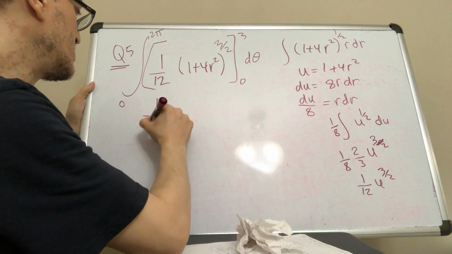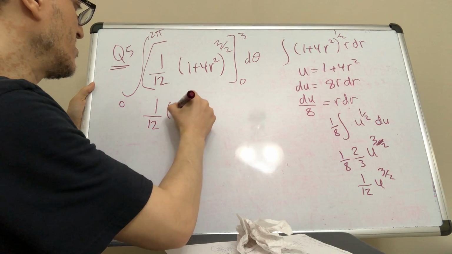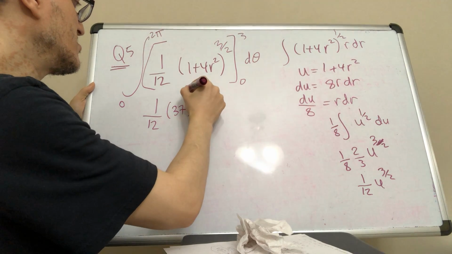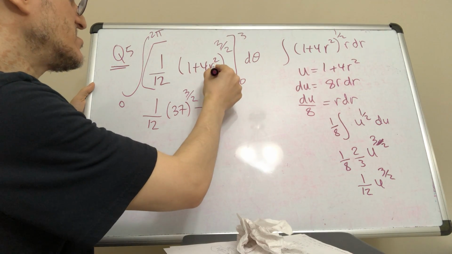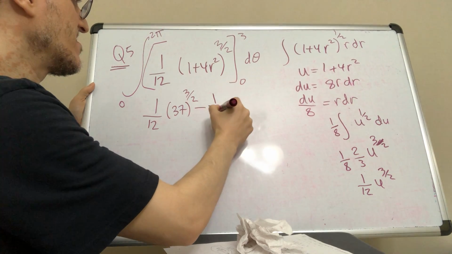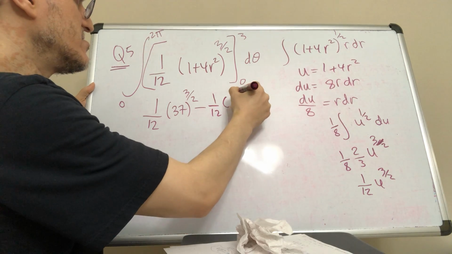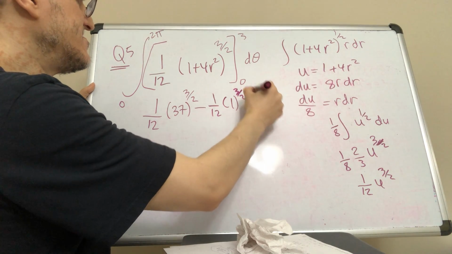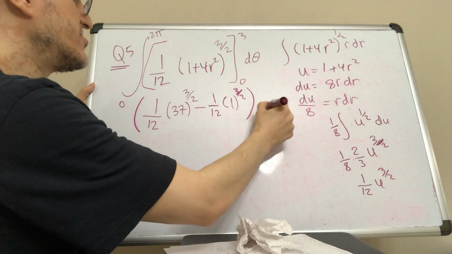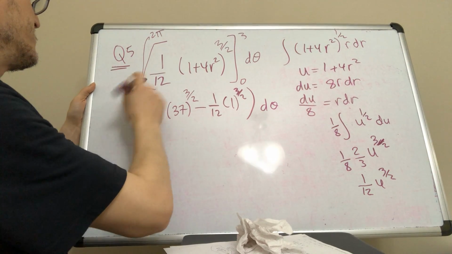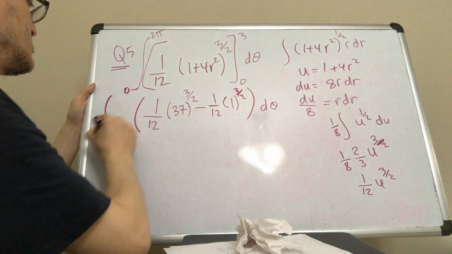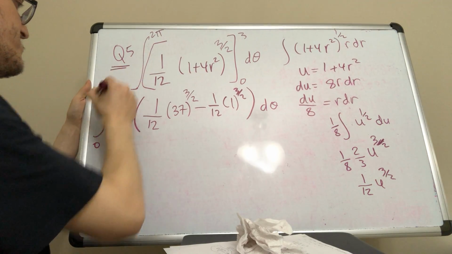So 1 over 12, 37 to the exponent 3 over 2. Minus, plug in 0, it becomes 1 to the 3 over 2. You're still integrating this d theta, and it's still from 0 to 2 pi.